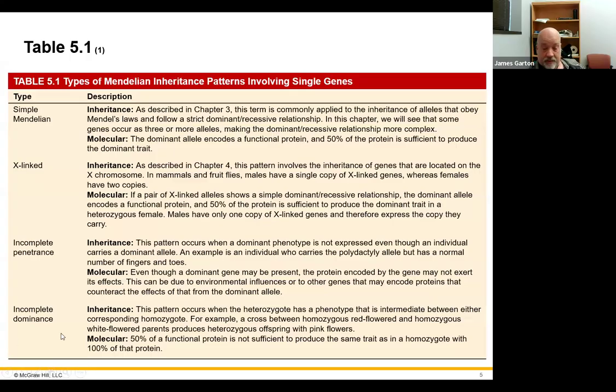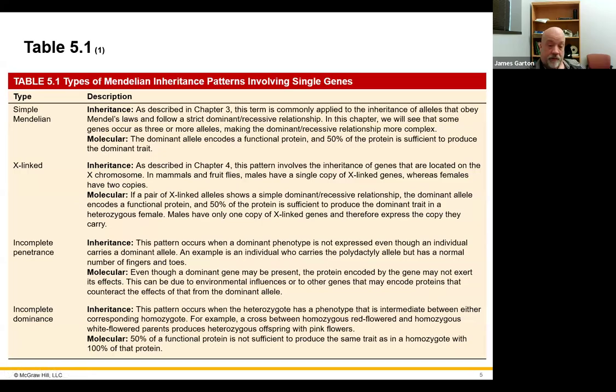And then you have incomplete dominance. In incomplete dominance, the heterozygote has a different phenotype than either homozygote, and it's usually more or less the average.